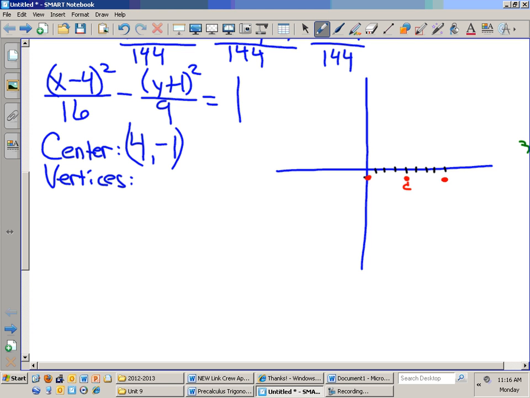I'll put another vertex right there. So those are my vertices. What are the coordinates of my vertices? 0, -1, and 8, -1. So I think it's more helpful to draw it first and then identify those pieces. Transverse axis. What's the length of the transverse axis? 8. The transverse axis is the distance between the 2 vertices.